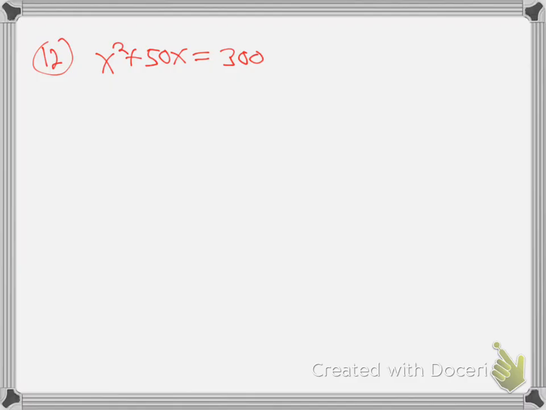Okay, so how do we solve an x squared equation? What's step one? Get a 0, right? Jump this over, so we get x squared plus 50x minus 300 equals 0. So now what do I do? That one doesn't factor. You can fiddle around with it if you want to. It just is not going to factor, so I happen to know.